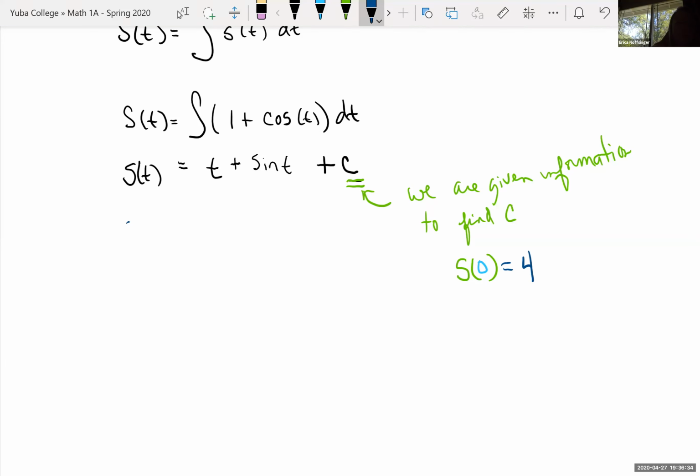I get 4 is equal to 0 plus sine of 0, plus c. Sine of 0 is 0, plus the 0 out there is 0, plus c. So 4 is equal to c.